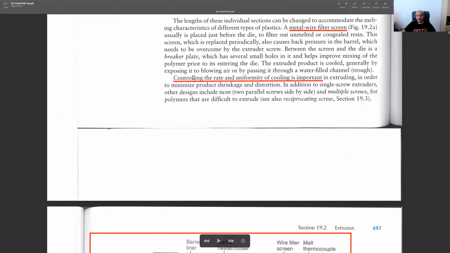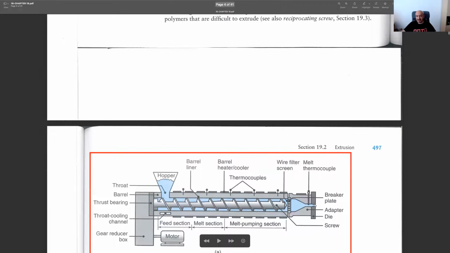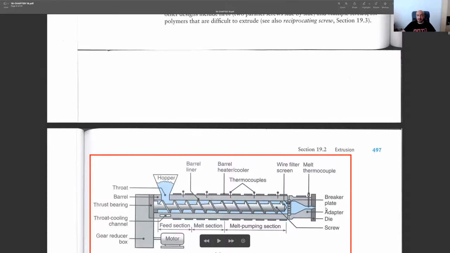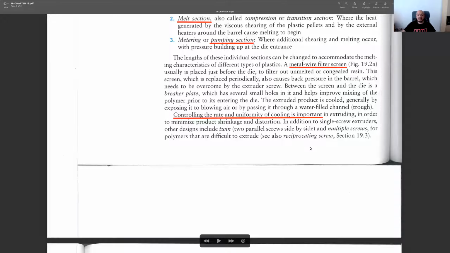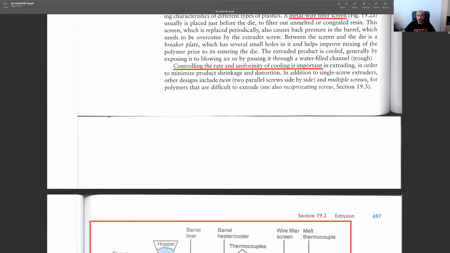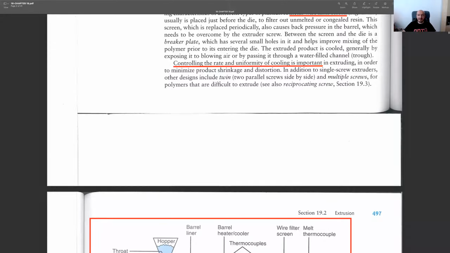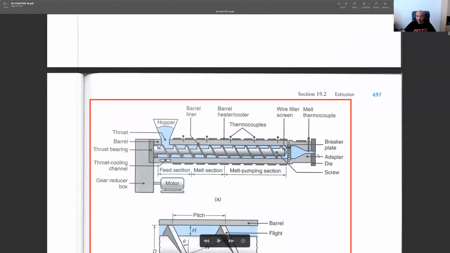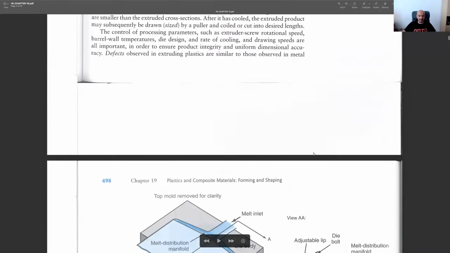Another issue is the cooling stage. Once the material is extruded, you should have uniform cooling by different means. Maybe you have a chamber there so that we control the cooling rate, and the resulting piece will have better properties.